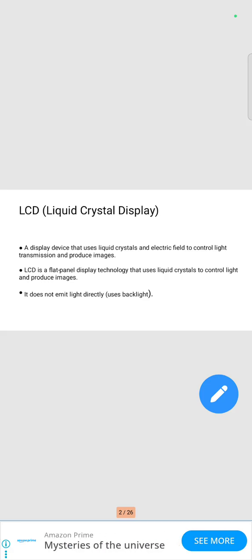Now we should know what is electric field, right? If the electric field is applied, these molecules can change their alignment. From this, it controls the light. This is very useful in display technology, right?